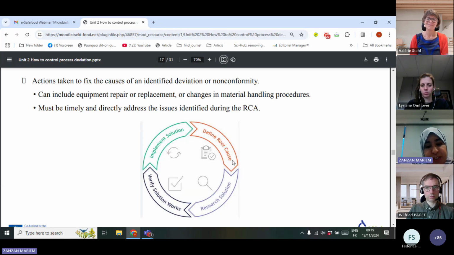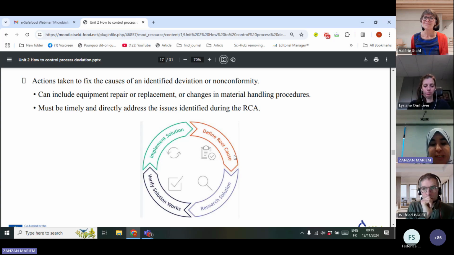Then we verify the solution works, and finally we try to improve on other solutions. So we can say it's like a control cycle, what we call PDCA. P for plan, D for do, C for check to verify the action, the corrective action or the solution, and finally act to improve this solution further.